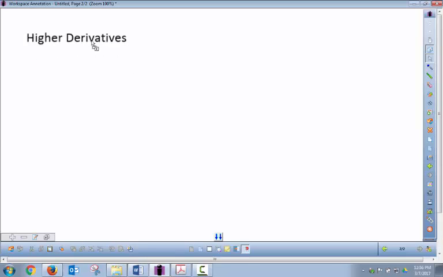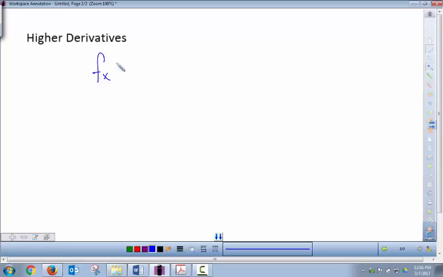Higher order derivatives would be like the second derivative, third derivatives, and so on. So we want to take the derivative of something with respect to something else. Let's look at the notation first. If we have f sub x, this is the first derivative with respect to x.